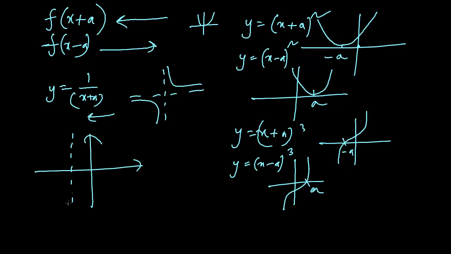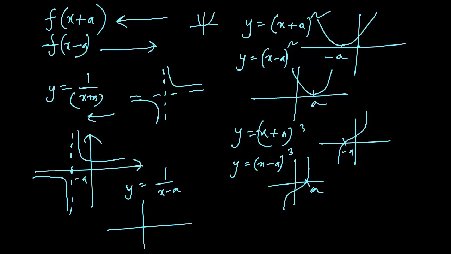This would move or slide backwards by a unit. So this would be minus a, and the boomerangs would look like this. And if you have y equals 1 by x minus a, which means a slide towards the right, the vertical asymptote now would move towards the right, and it would be at a here, and you would have a boomerang over here and a boomerang over here. So that's what the slide looks like.